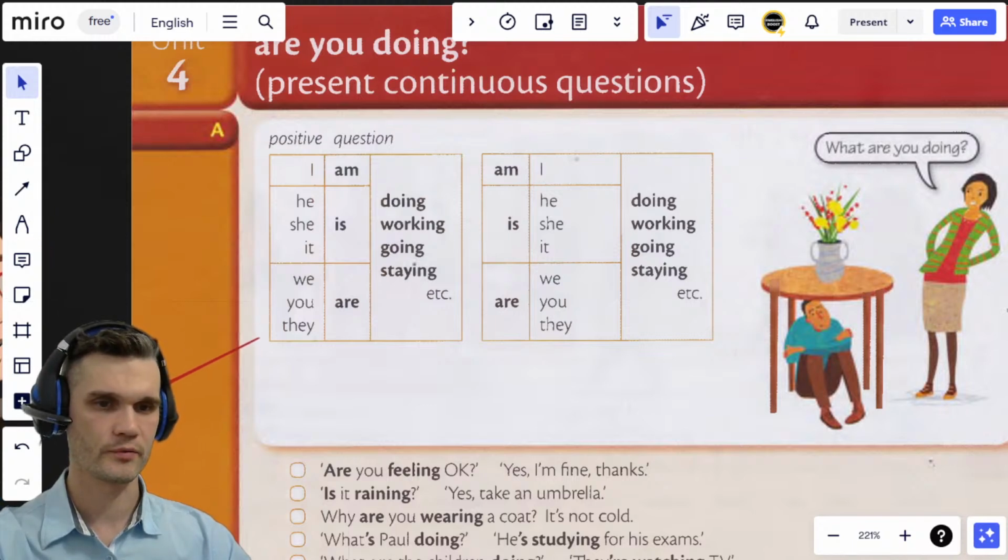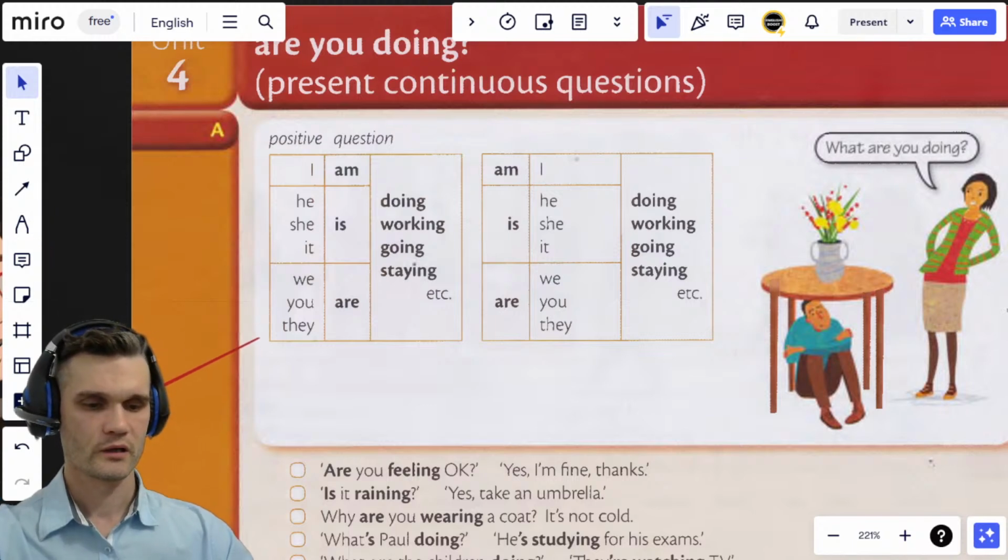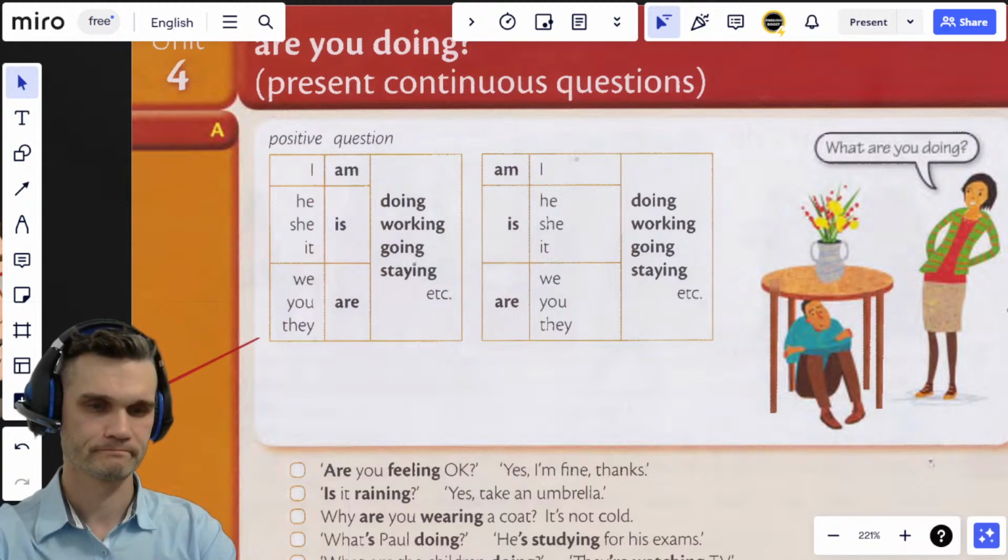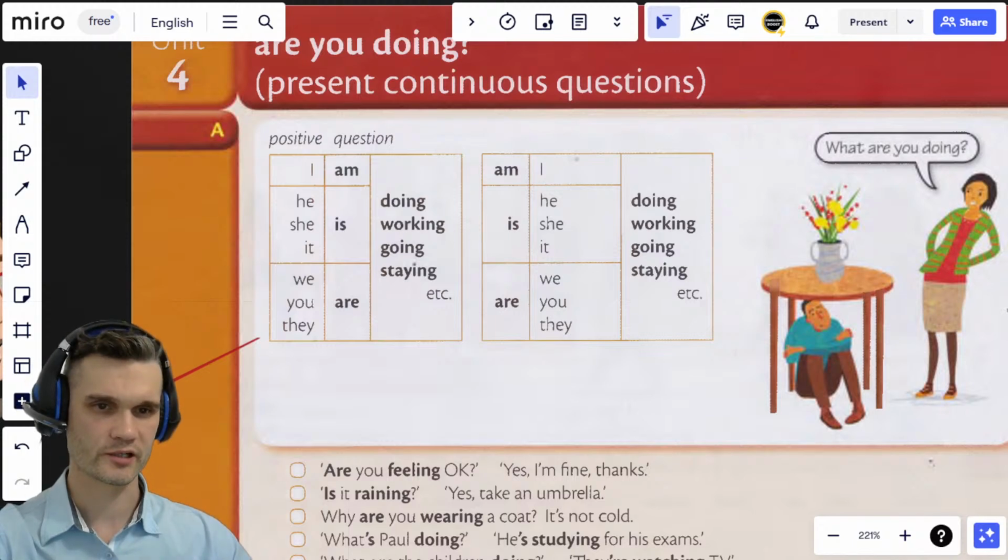Wait, it's not like person. It's called a bit different. And I forgot actually how to name it.